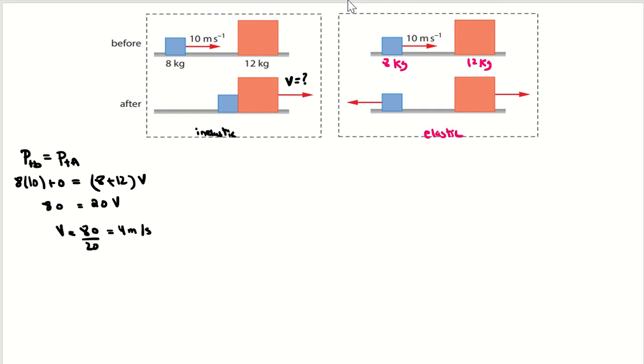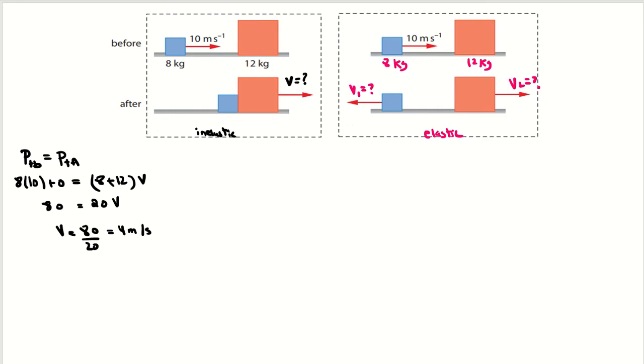And he's asking for the velocity of this one and the velocity of this one. So this is going to take a bit of time because I need to use the conservation of momentum along with the conservation of kinetic energy. So how am I going to solve this?